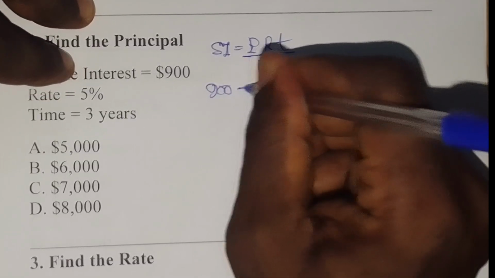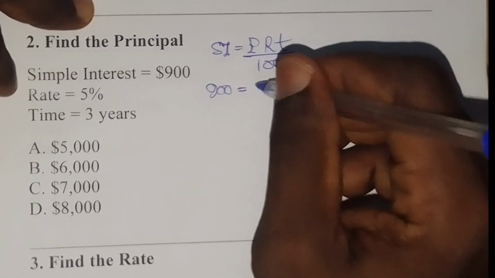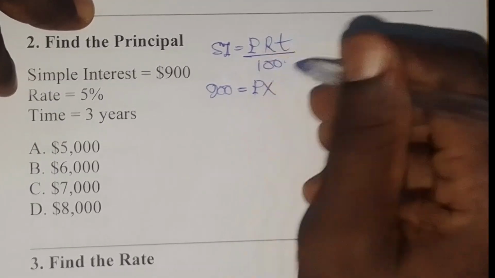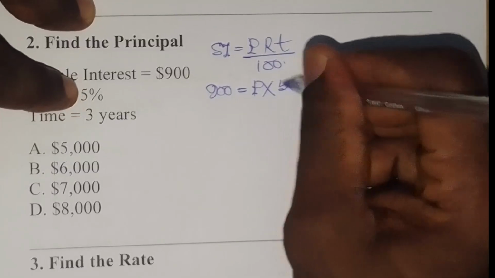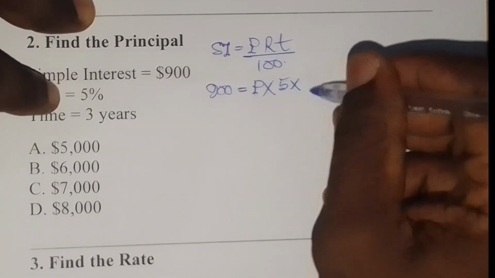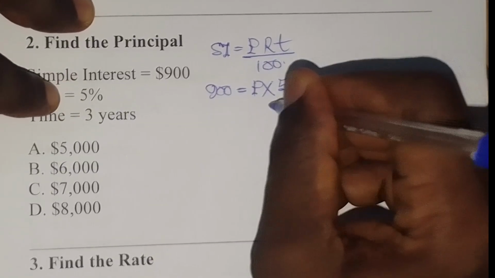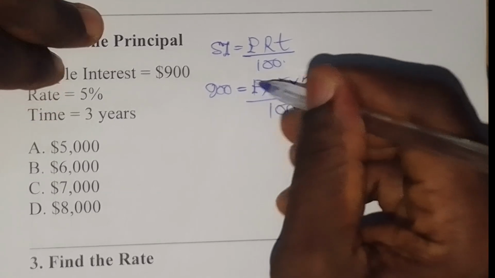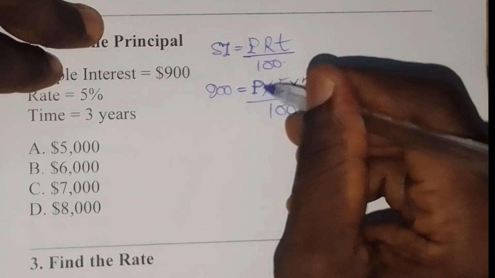and is equal to, the principal is what we are looking for, so we represent it with P, times what is the rate? The rate is 5%. And the time in years is 3, all over 100. Now, it is P we are looking for, which is the unknown.